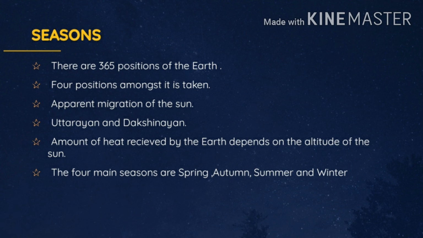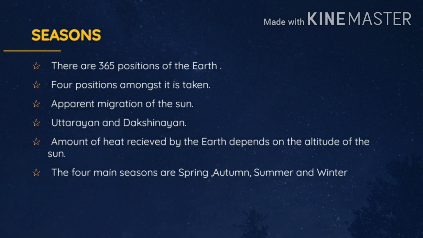Thus there is a difference in temperature between the four seasons: spring, summer, autumn and winter. In summer it is very hot. In winter it's very cold. Autumn is mild. Spring is mild. It largely results from the position of the earth when it is revolving around the sun.